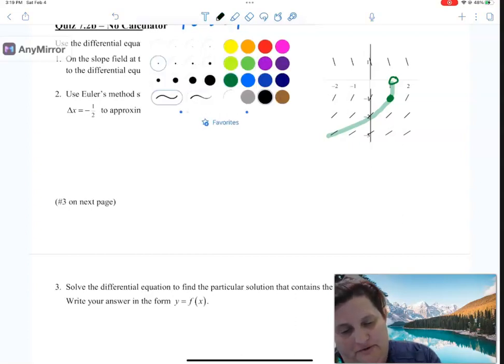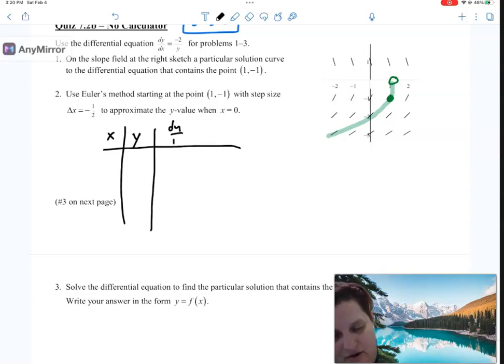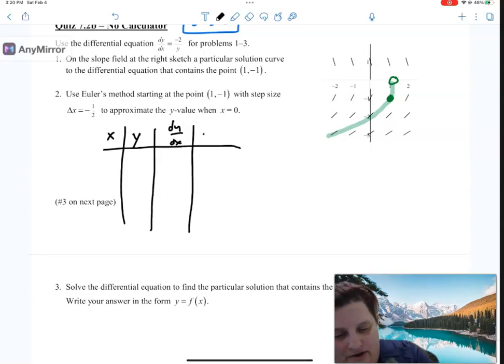Okay. All right. Use Euler's method. Let me see if I can remember. Euler's method goes x, y, dy/dx. And then this, I remember, I like to write it down: change in y equals slope times change in x.